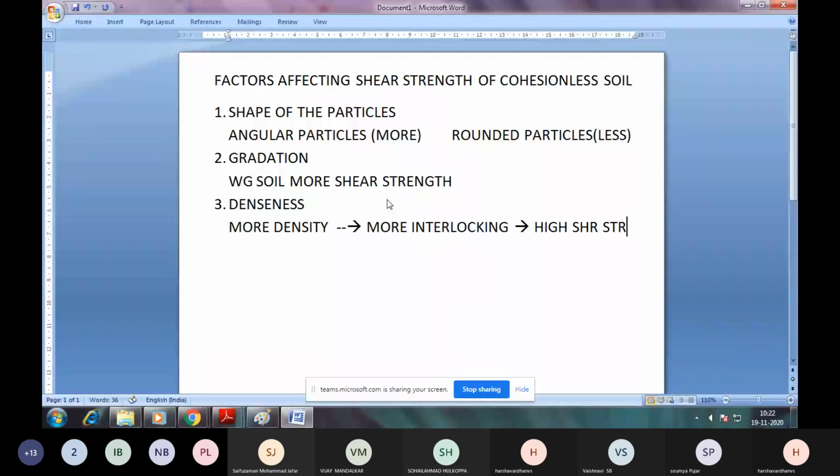So more density, more interlocking, therefore higher shear strength.